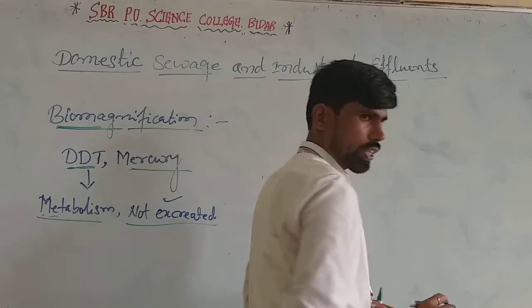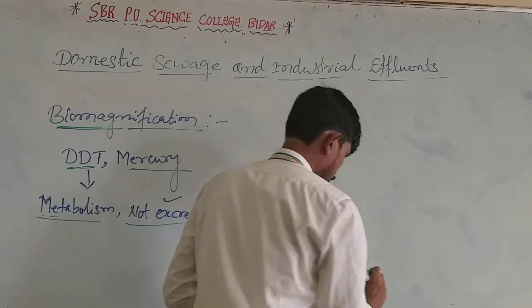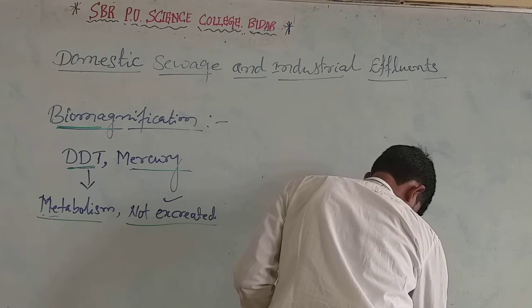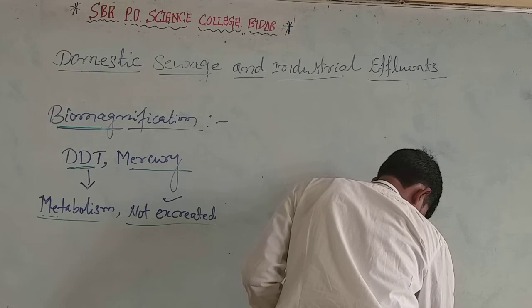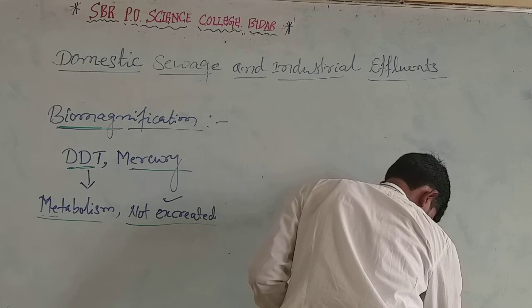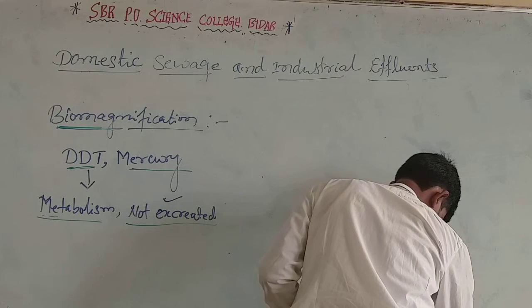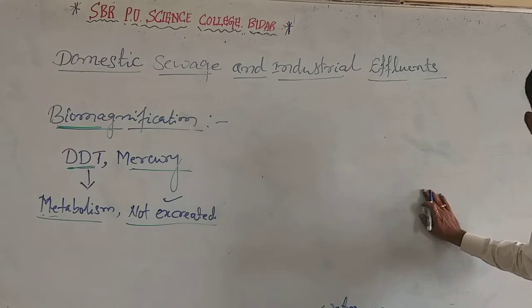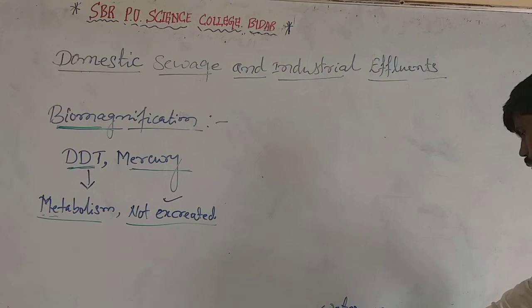How much concentration of DDT is present in water? 0.003 ppb of DDT is present in water.